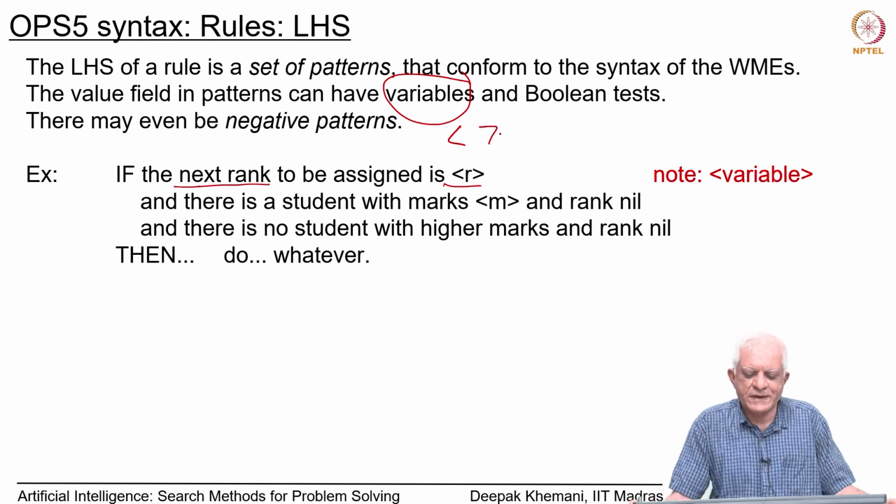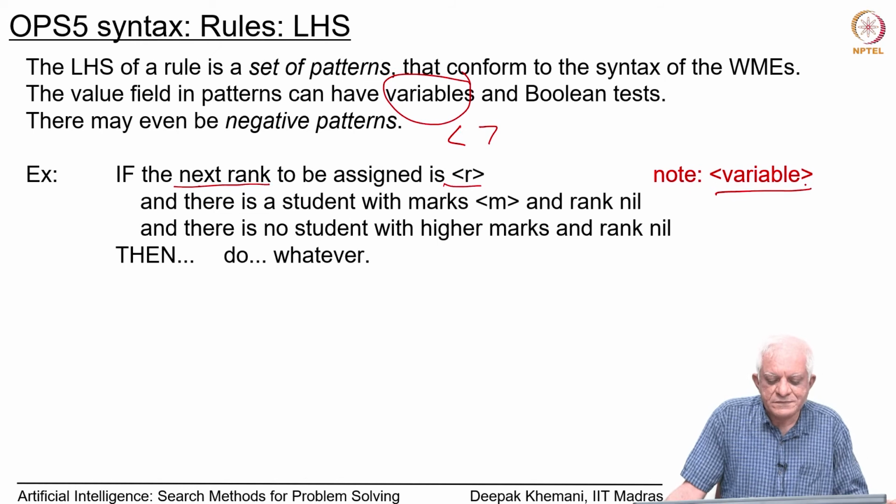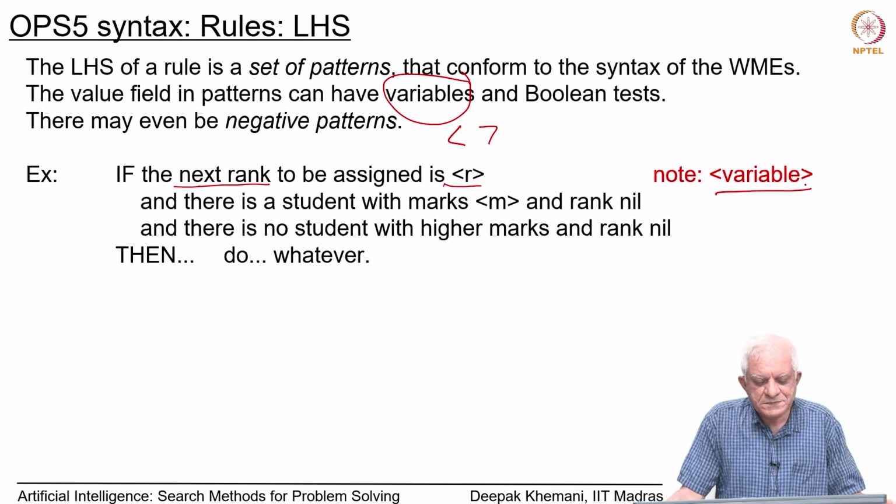Anything inside an angular bracket is a variable. So, here for example, I have said this is a variable, and R also is a variable essentially. So, what this rule is saying is that if the next rank that is to be assigned is R.